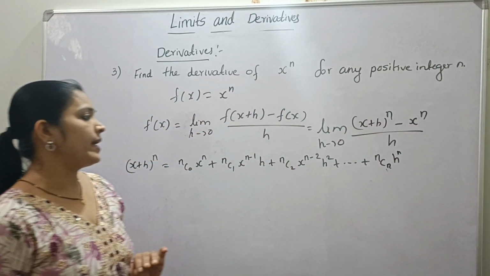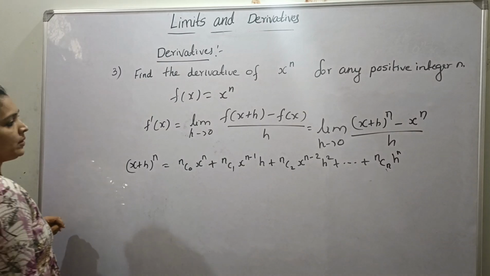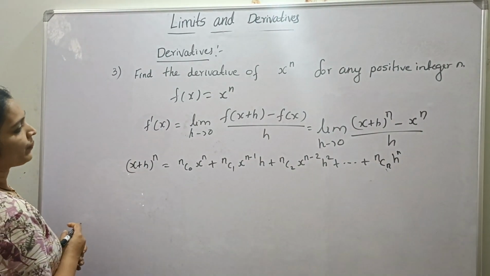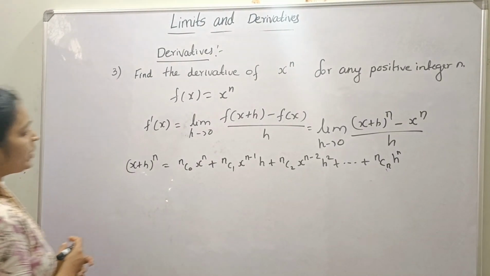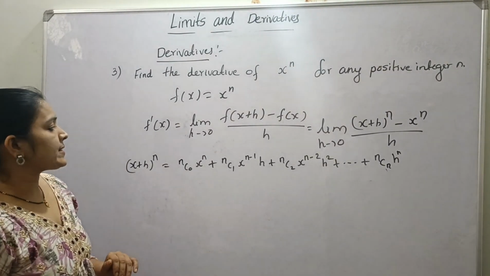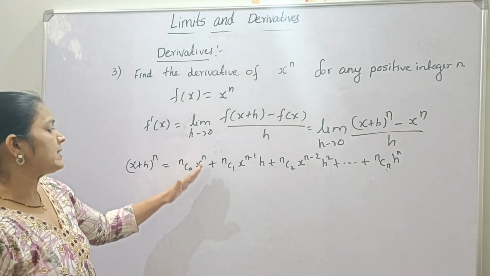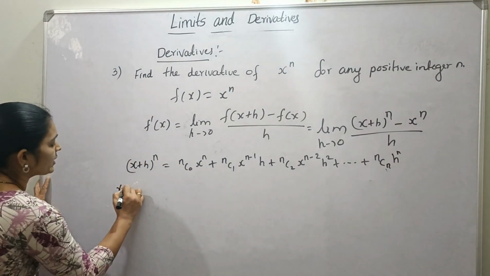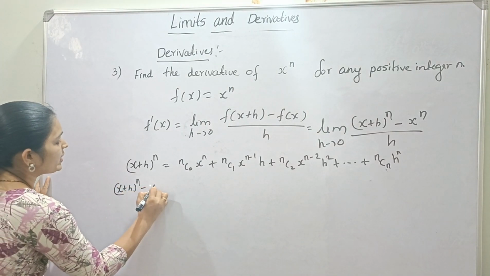Now the first term is x raised to n, so let us take it to the left side. So it will become x plus h whole raised to n minus x raised to n.